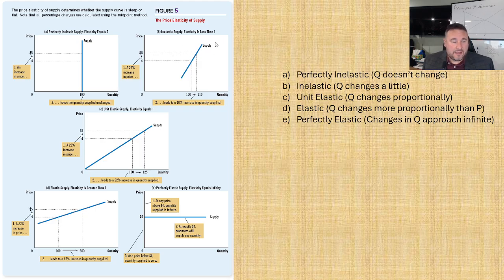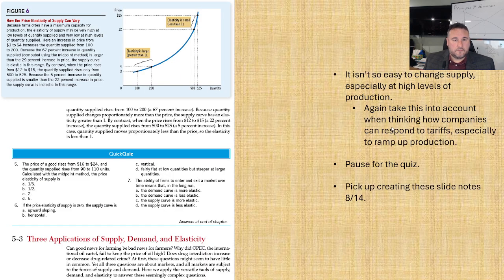Inelastic supply is a steeper slope. Unit elastic is a constant slope. And elastic is a flatter supply curve. So I mentioned that before. Let's take a look at the quiz.